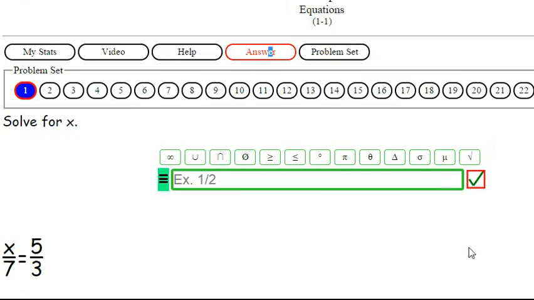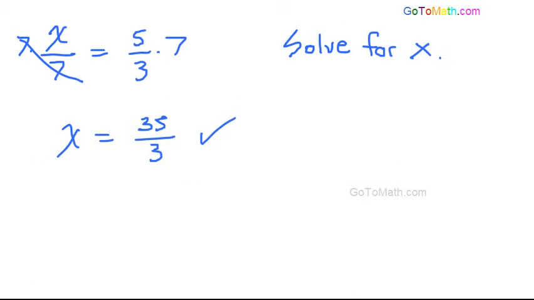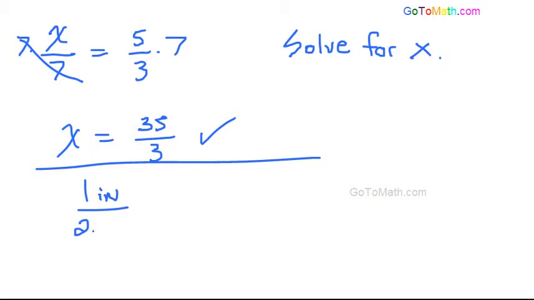Now let me just go back here real quick, something I was talking about earlier. For example, we know that 1 inch is 2.54 centimeters. Let's say if I had 10 centimeters, how many inches is that?